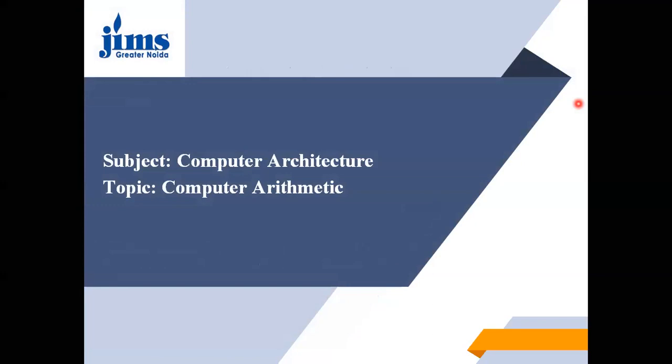In the last lecture of computer architecture, we discussed the number system. First, we discussed the central processing unit. Then we discussed the control unit, that there are two parts: first is the control unit and second is the arithmetic logic unit, and we discussed what the need of number system is to study the arithmetic logic unit.